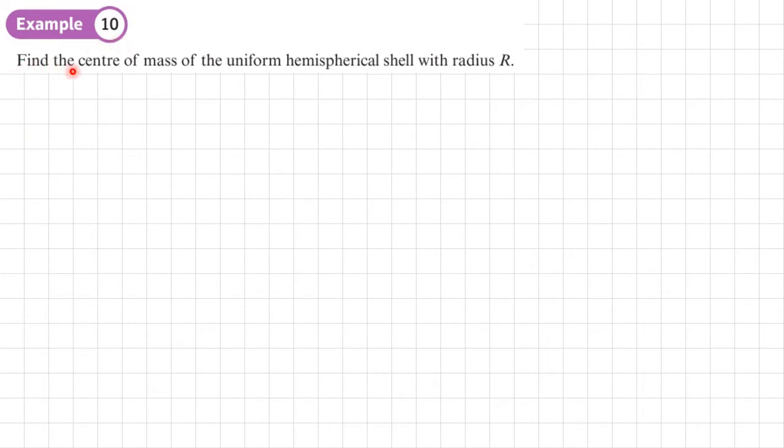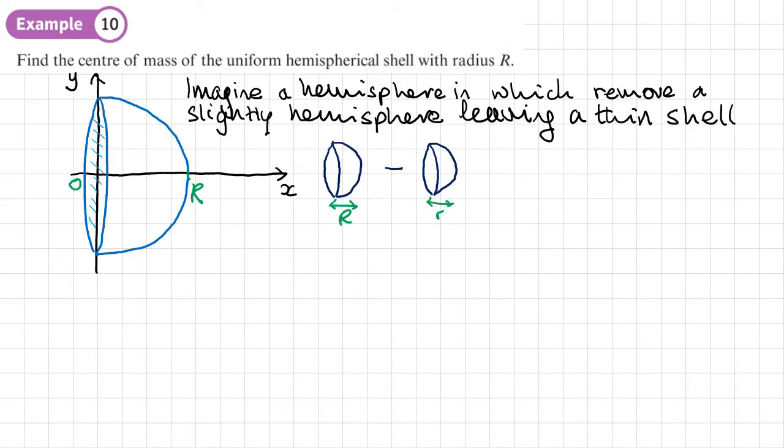Example 10. Find the centre of mass of the uniform hemispherical shell, it's almost like a tongue twister, with radius R. So what we need to do in this question is imagine a hemisphere in which we remove a slightly smaller hemisphere, leaving a thin shell.